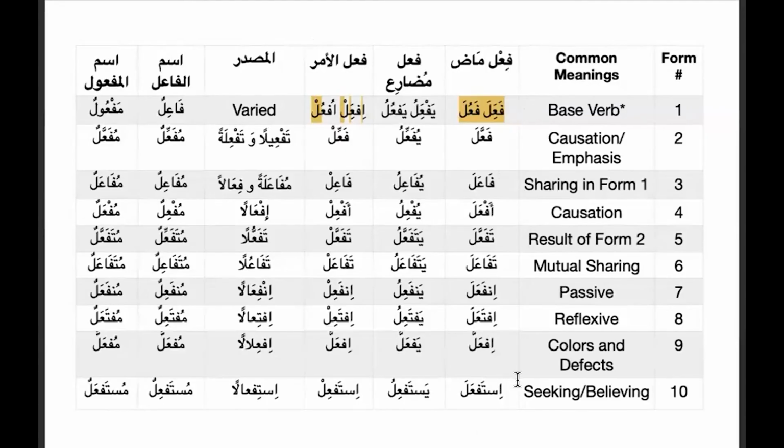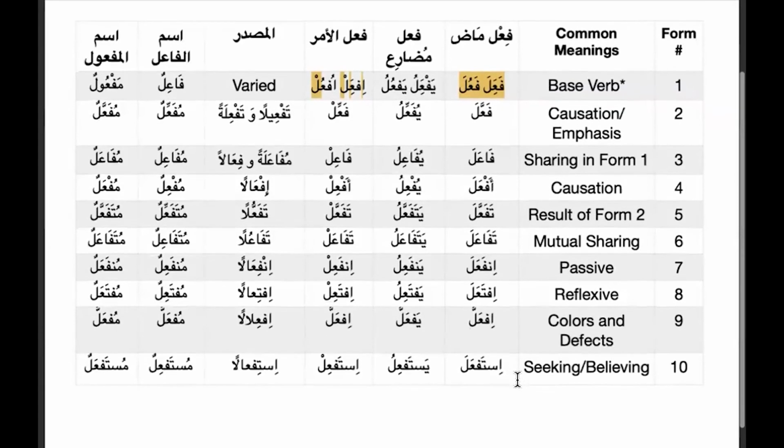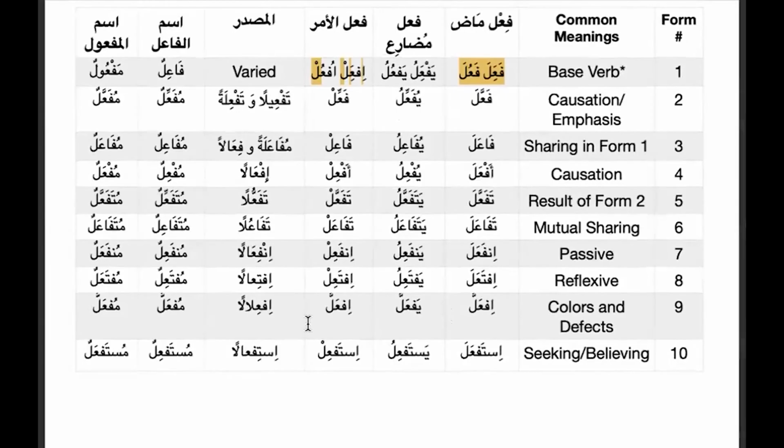Now form 10 is seeking forgiveness. This ist sound begins this meaning of to seek. So we have istaghfara, to seek forgiveness from Allah. Istaghfara yastaghfiru, istaghfir. And then we have, of course, mustaghfir.